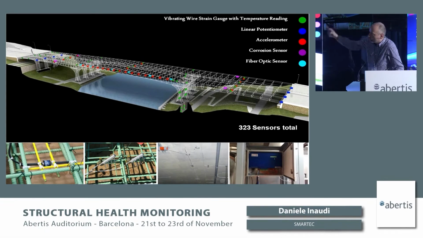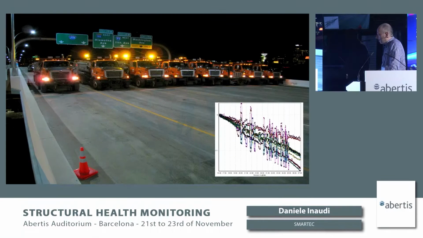And on the two sides, you can see an impression of the final aspect of the bridge itself. Here's a load test on the bridge, with some example of results. The peaks are the different load cases.